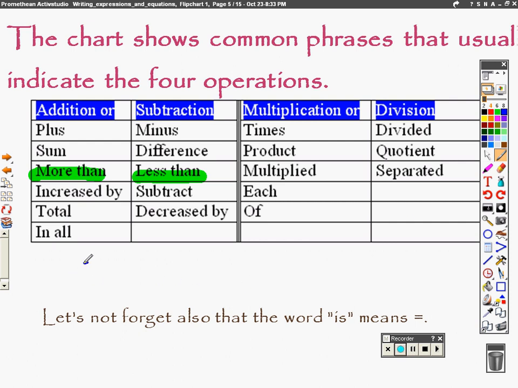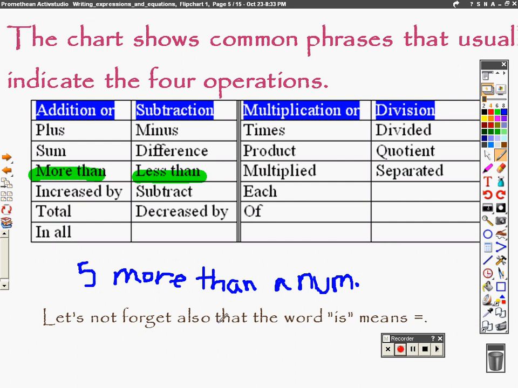If I had the problem 5 more than a number, I'm just going to abbreviate this, more than a number, I know I'm going to do an addition problem. And you might think 5 plus n, but let's look at this.